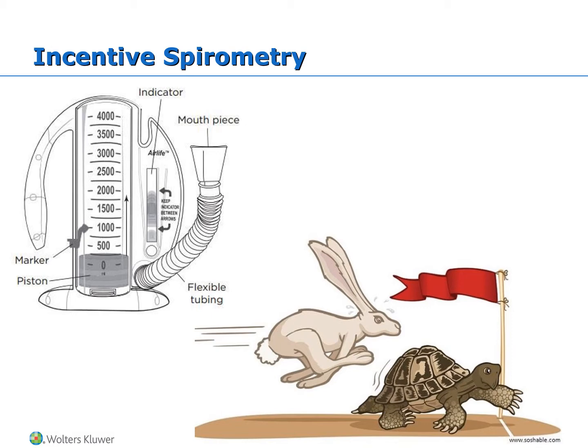Incentive spirometry. This is a method of deep breathing that provides visual feedback to the patient. So your patient is going to put their mouthpiece in their mouth, and make sure it's nice and securely in the mouth.